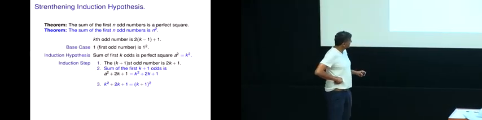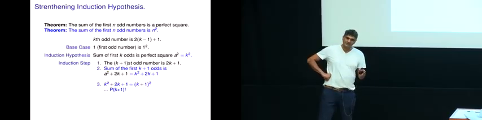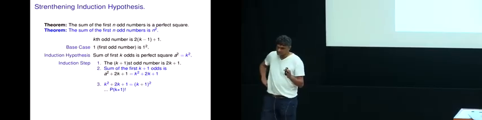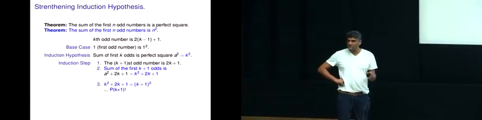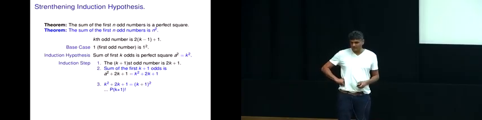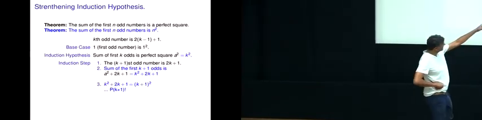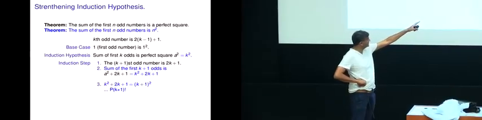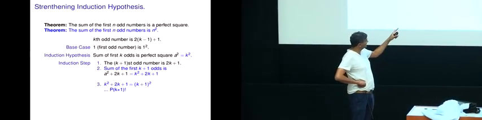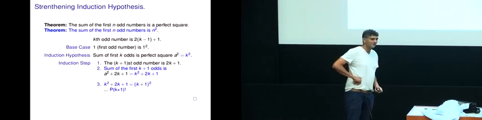That's P of k plus 1: the sum of the first k plus 1 odds is k plus 1 squared. We began with the sum of the first k odds being k squared, and we concluded that the sum of the first k plus 1 odds is k plus 1 squared.